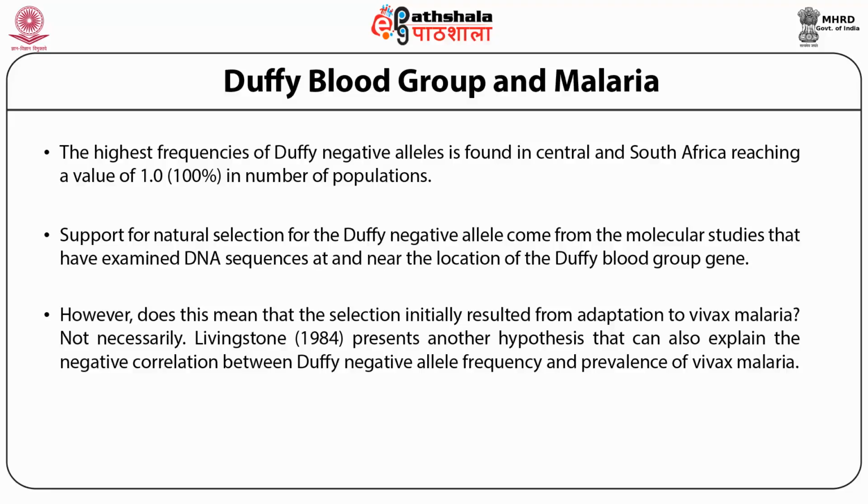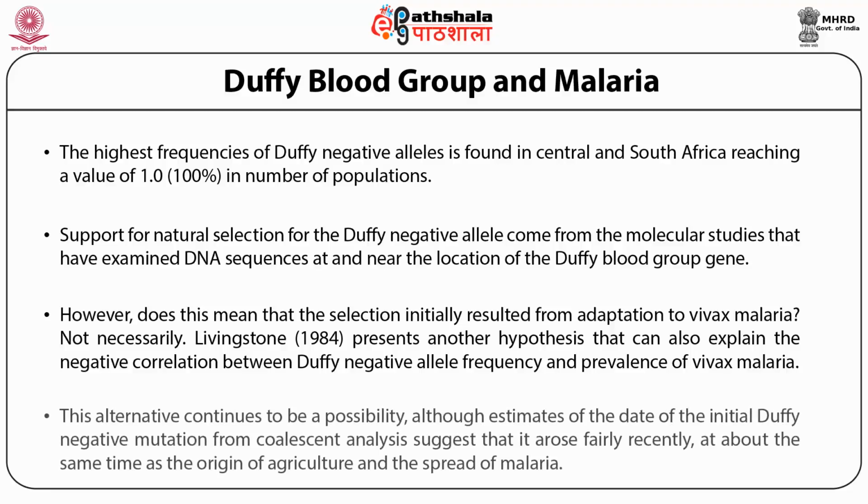But because almost everyone was immune, the disease never took hold. This alternative continues to be a possibility, although estimates of the date of the initial Duffy negative mutation from coalescent analysis suggest that it arose fairly recently, at about the same time as the origin of agriculture and the spread of malaria. If so, then vivax malaria was responsible for fixation of the Duffy negative allele in Africa.